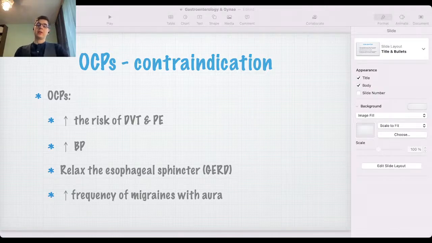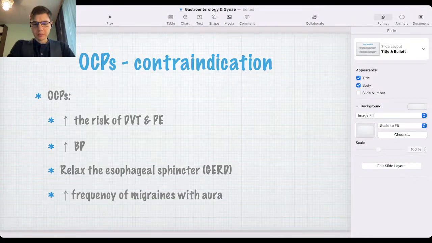Okay, so the OCPs have more mechanisms through which they increase the frequency of migraines with aura. As Sadhana mentioned before, one of them is vasodilation through progesterone.